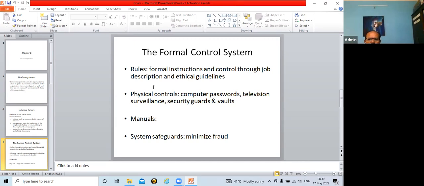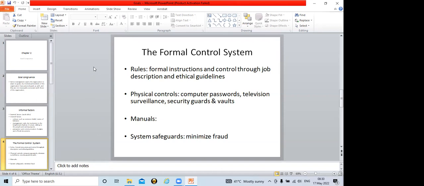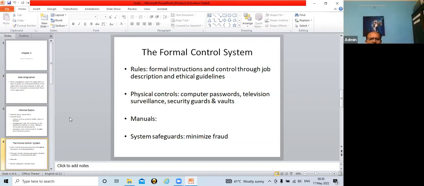Am I correct? Yes, sir. So similarly in an organization, authorized and unauthorized persons are identified.